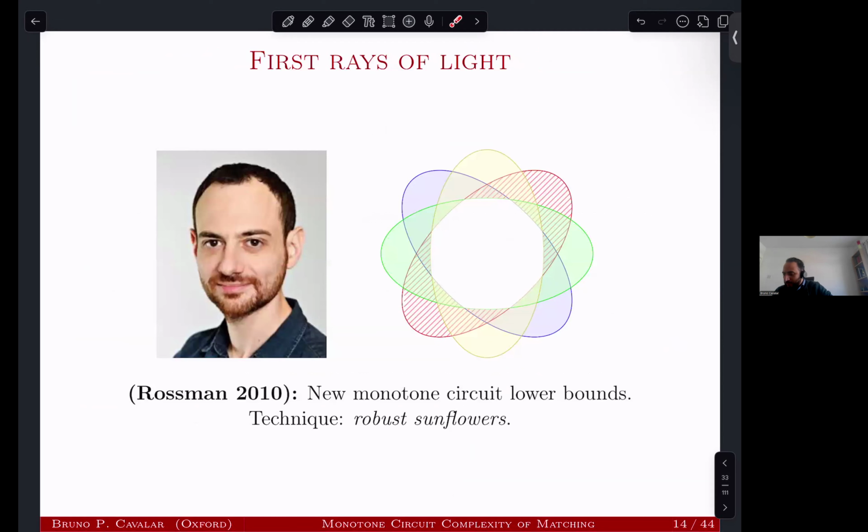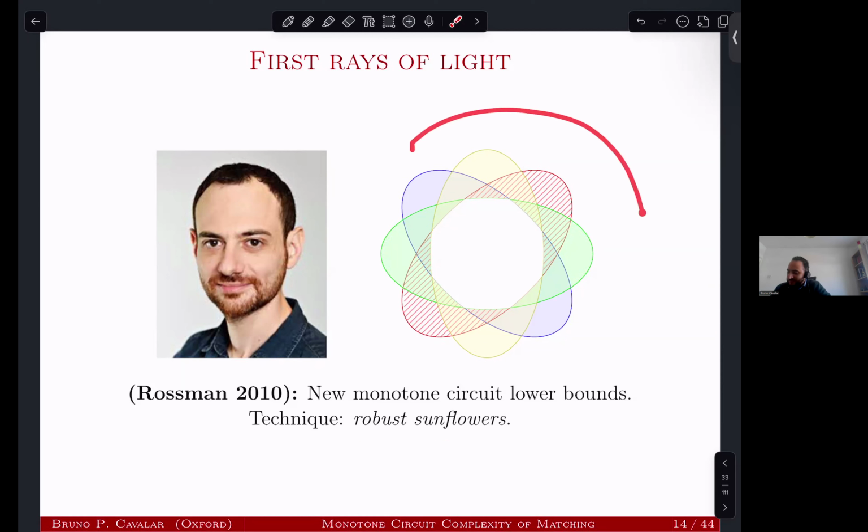I guess the first rays of light, at least in retrospect, were shown by Rossman in 2010 when he obtained new monotone circuit bounds by introducing this thing called robust sunflowers, which we'll see in a minute.